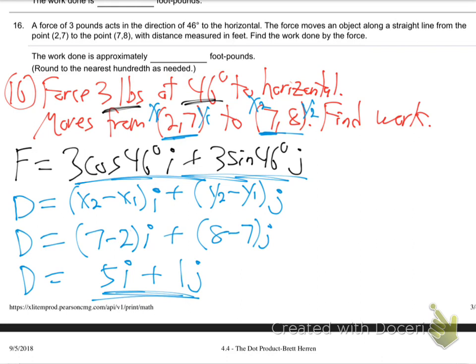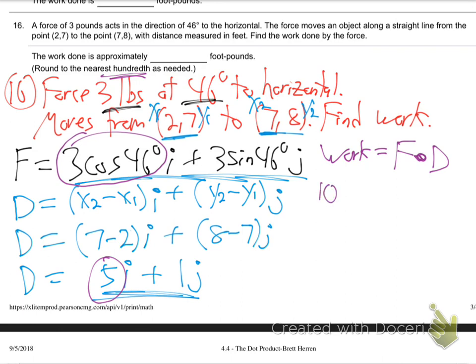So the work, and this is hundredths this time. They want 2 decimal places. So the force vector dotted with the distance. I'm going to multiply the i times the i. So what's that going to be? Remember, when you're in the middle of the problem, you want to use more accuracy than you need in the end.